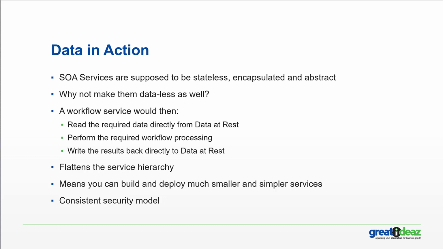So we can now apply a consistent security model across all of our workflow and all of our user experience. So I can basically put a security boundary around the data at rest. I can validate the user has access to the record, prior to them pushing the button that says I want to do this workflow. And then when my workflow, my data in action service, is executed, I can validate that the data in action service, using that user information, has access to both the individual record and also has access to the action they want to execute.